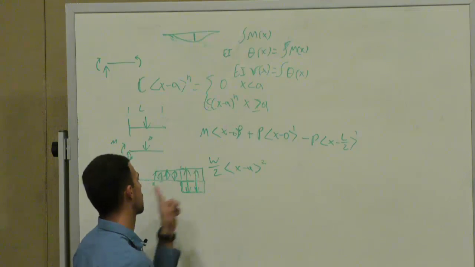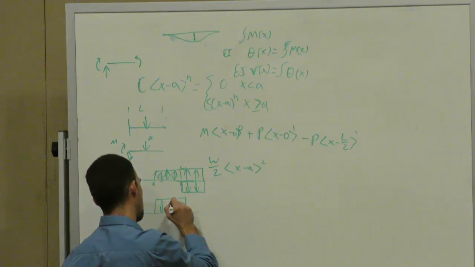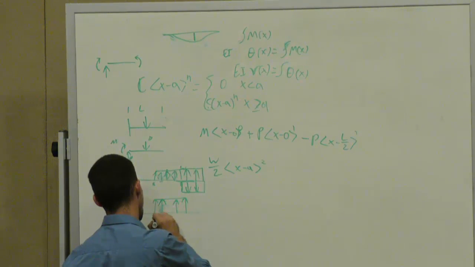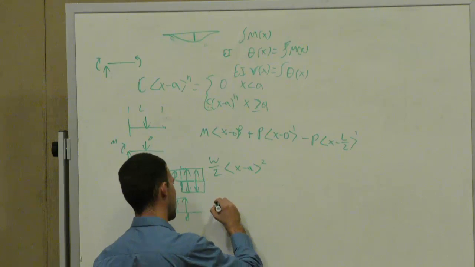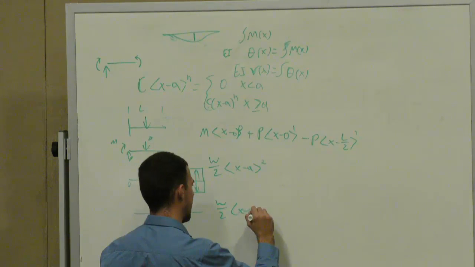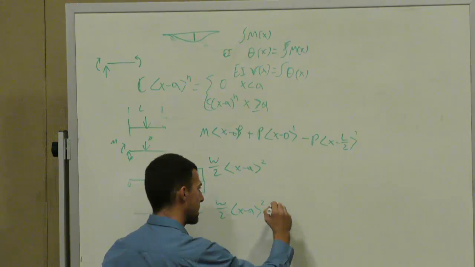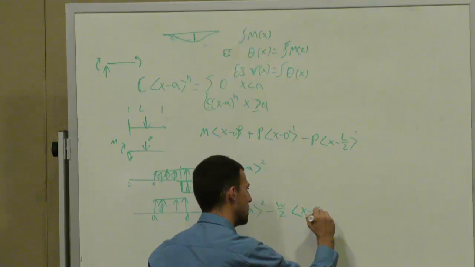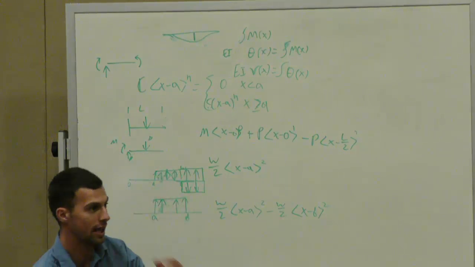So the Macaulay function for this, right, that stops, still going this way, which starts at A, stops at B, right, the moment equation for it is W over 2 x minus A squared minus, right, because this one was positive, so minus W over 2 x minus B squared. Okay?